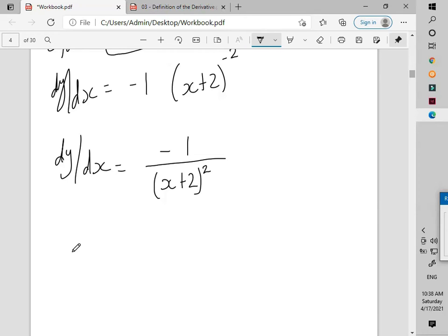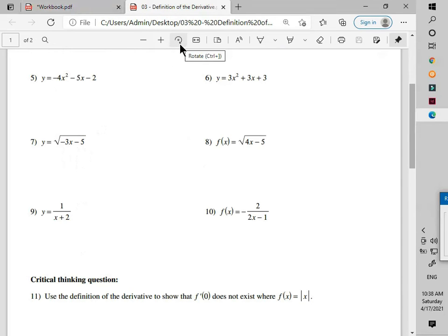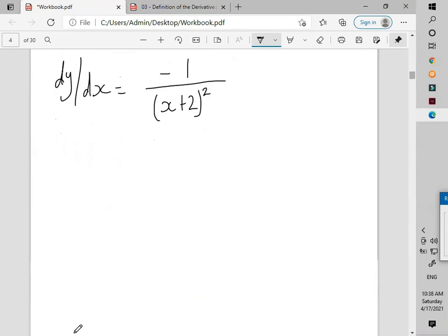Now, I would leave it as this. Some persons may choose to expand it out. I guess this is based on the lecture or the style of how the answers will be needing to be answered in Moodle. Alright, so the last one, f of x is equal to minus 2 divided by 2x minus 1.